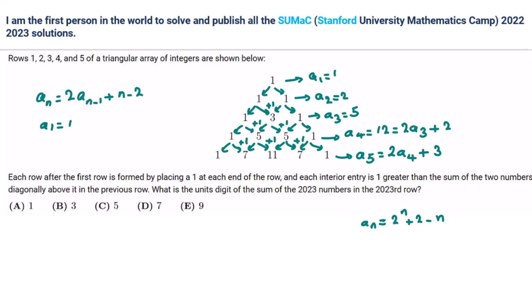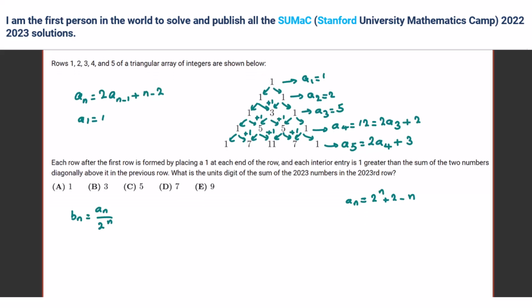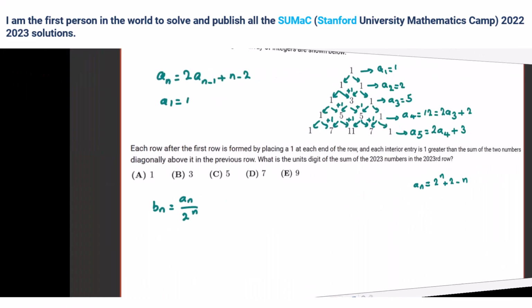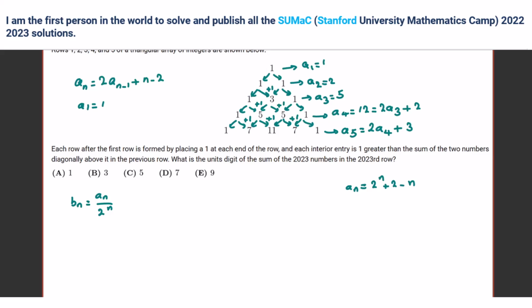Okay, sure. So we define Bn as An over 2 to the n. What's the equation for Bn? Bn is 2A(n minus 1) over 2 to the power of n plus n minus 2 over 2 to the power of n. No, look, Bn is B(n minus 1) plus n minus 2 over 2 to the n, right? Oh, yeah. So Bn minus B(n minus 1) is n minus 2 over 2 to the n, right?